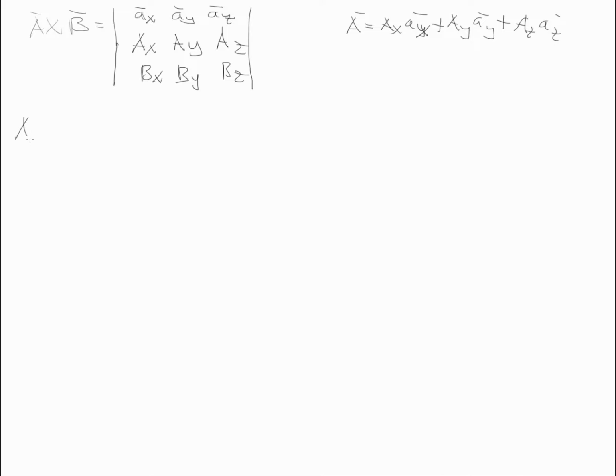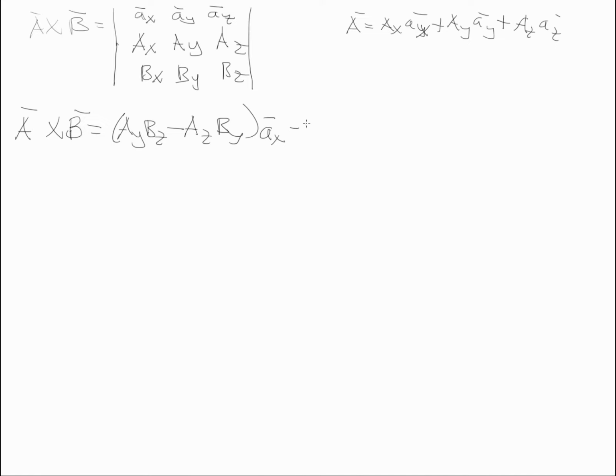So the vector A crossed with vector B is going to be, so you just cross out the other two. So you go AY BZ minus AZ BY times AX.